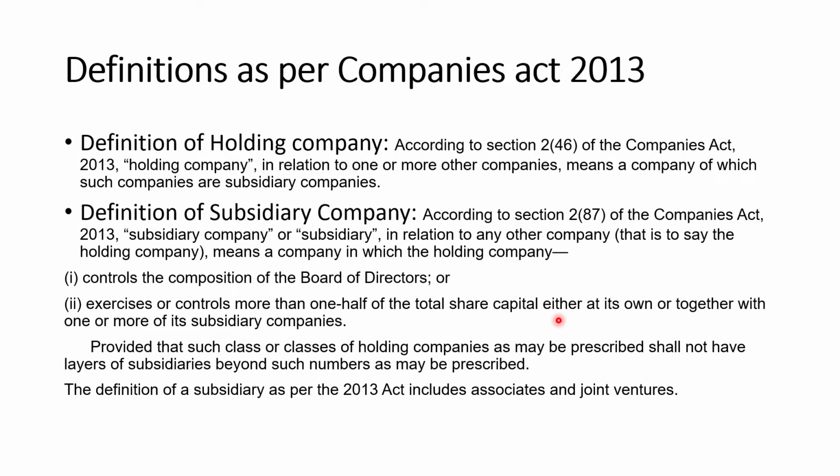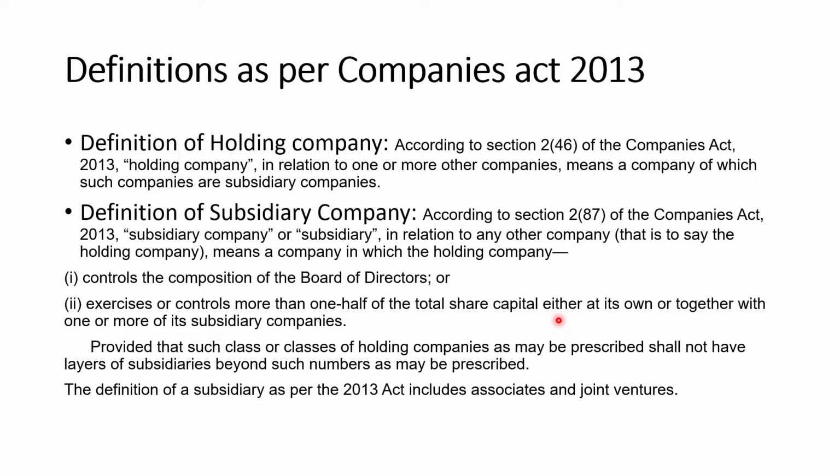As per the second point, if there are two companies A and B, and A Limited has more than 50% of the share capital of B Limited, either at its own or together with one or more of its subsidiaries. It's not necessary that A Limited itself holds the majority shares in B Limited.